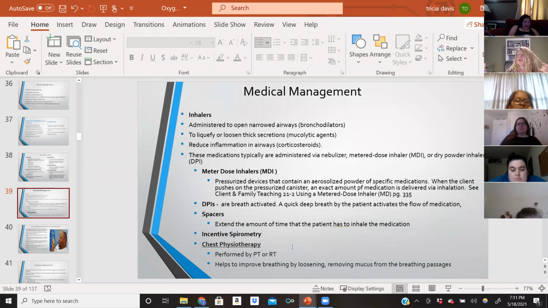Sometimes they'll put patients in a vest that's hooked up to a machine and it'll shake for a predetermined amount of time. Other times they will put the patient in a certain position and physical therapy will come in and kind of tap on their back in certain areas to get all that stuff loose. It's performed differently by different people, but that's pretty much the gist of chest physiotherapy.